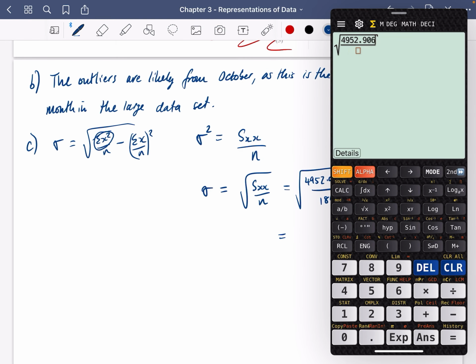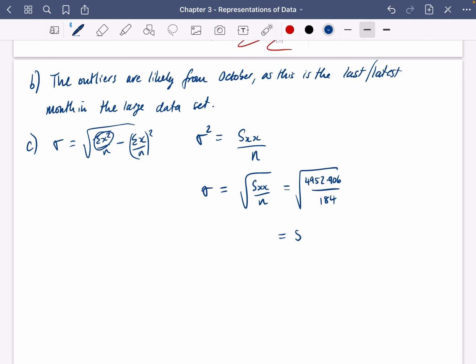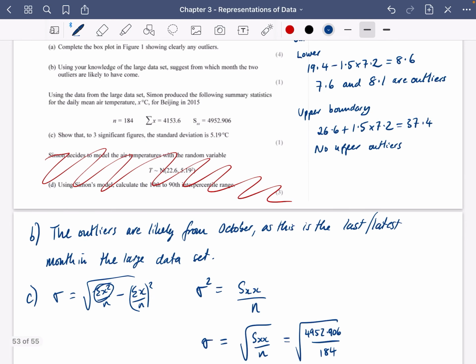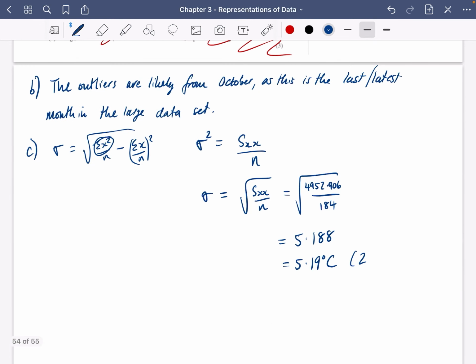And luckily we get 5.188, which is 5.19 degrees centigrade to 3 significant figures. So very tricky to use this formula, but I did mention it earlier on in chapter 2.